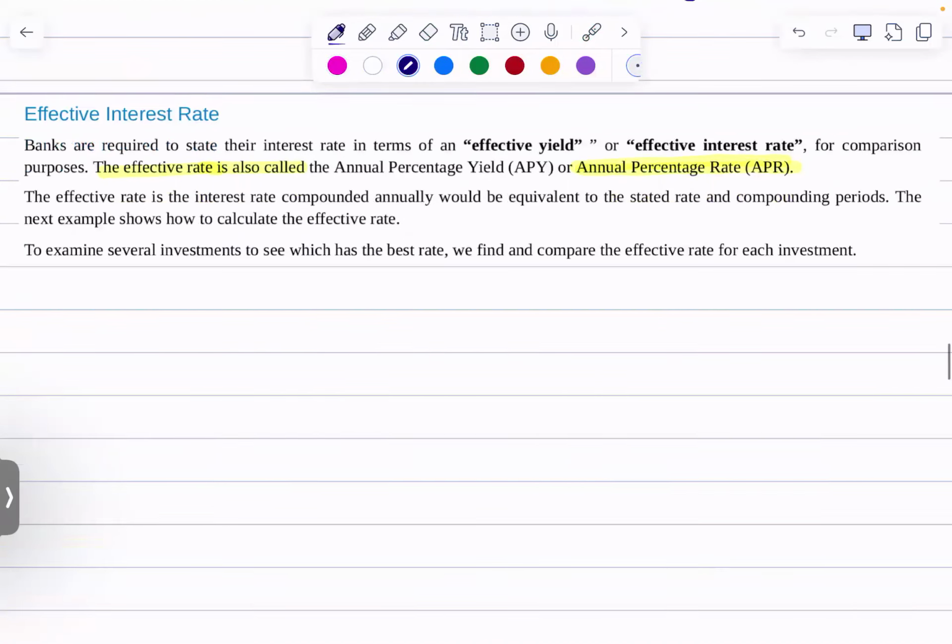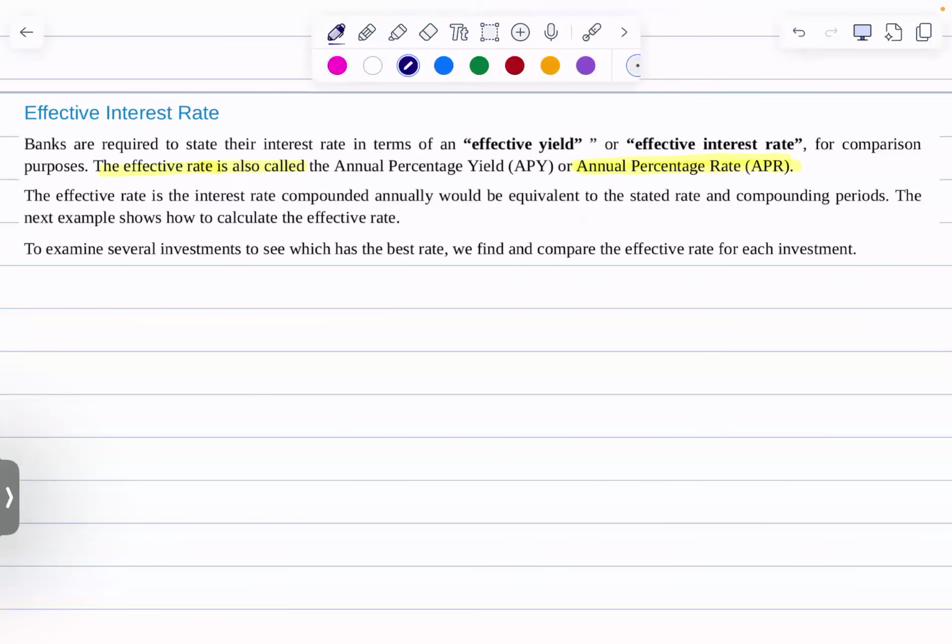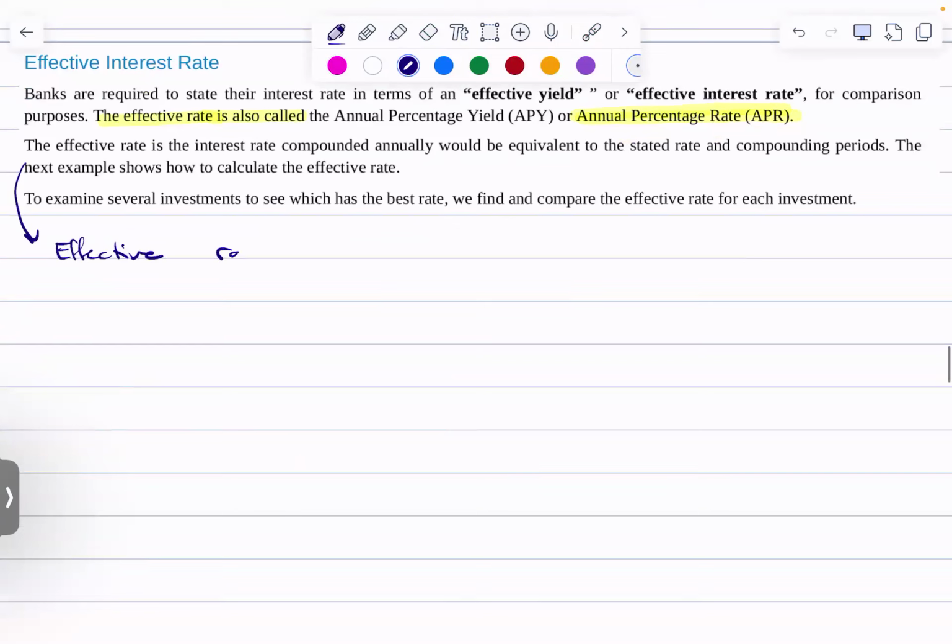And so here, the effective rate, I'll just write my own interpretation here, or my own definition, I should say.